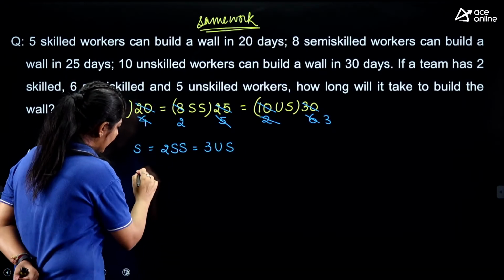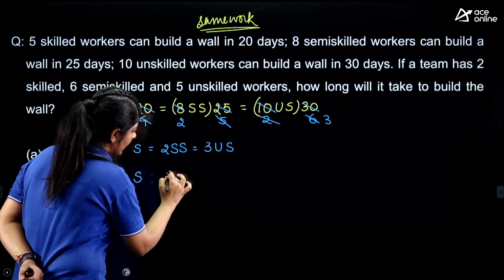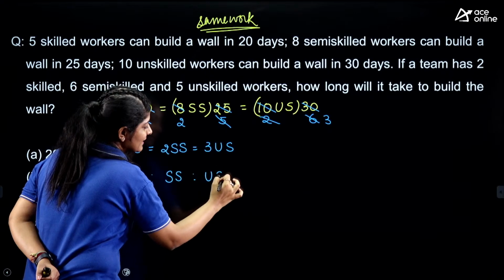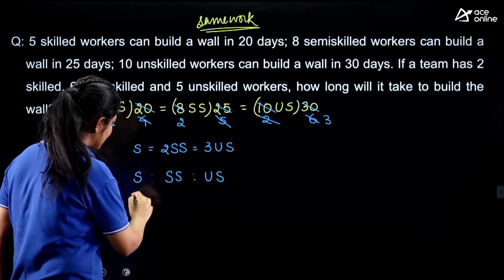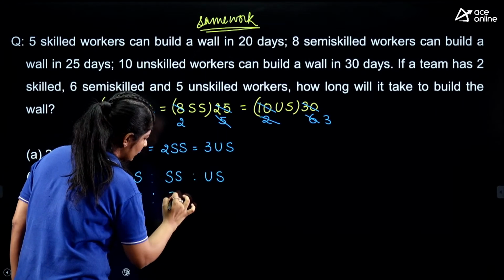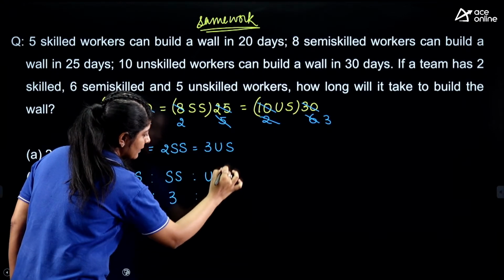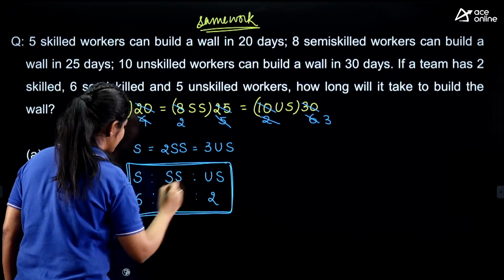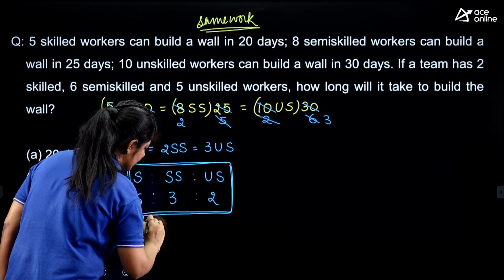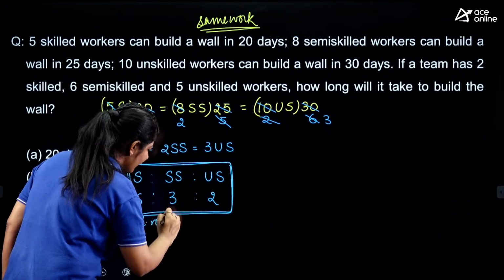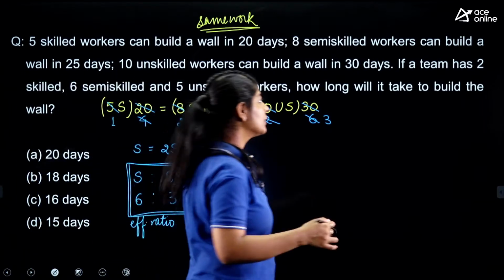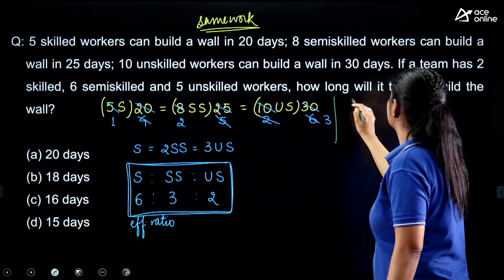Now if I want to write down the efficiency ratio between skilled, semi-skilled and unskilled workers, I can write it as 6:3:2. This is my efficiency ratio of these workers. With the help of this efficiency ratio, first I need to figure out the total work that we are having.